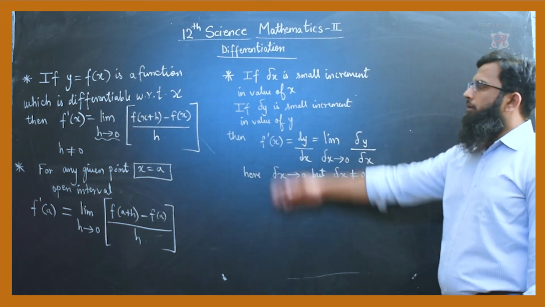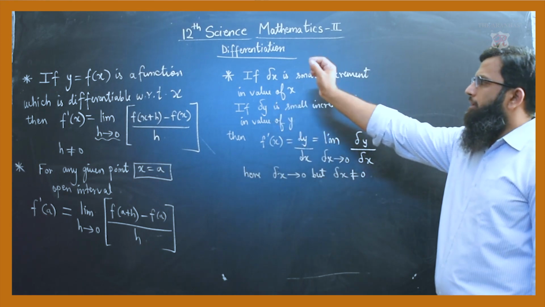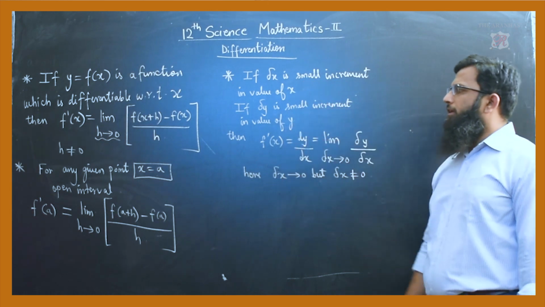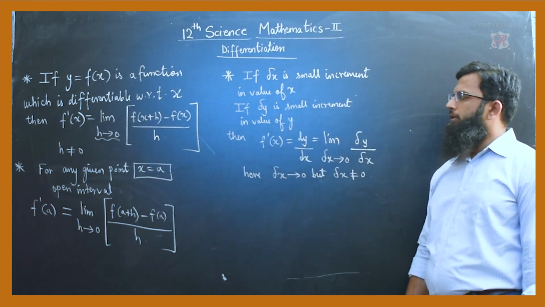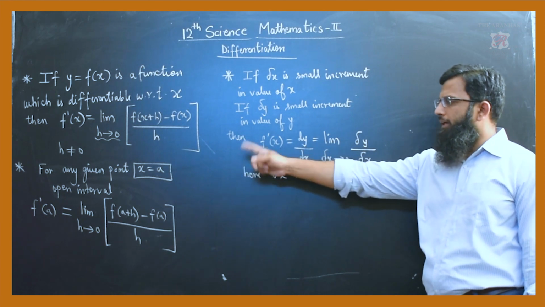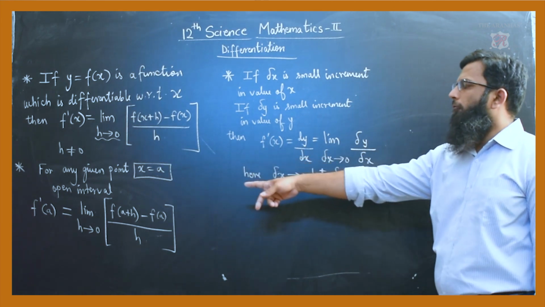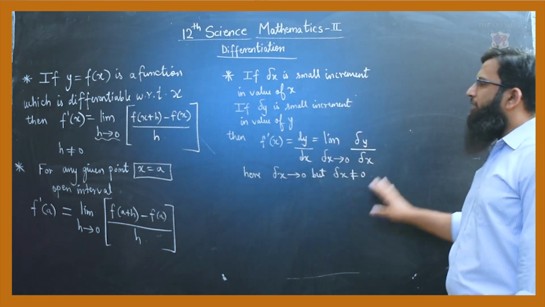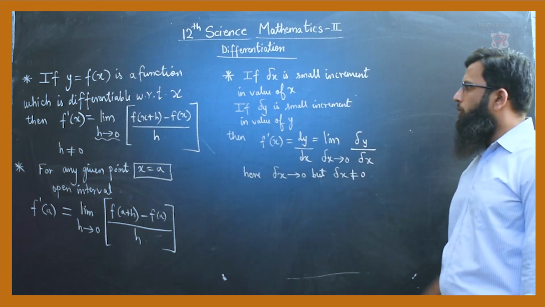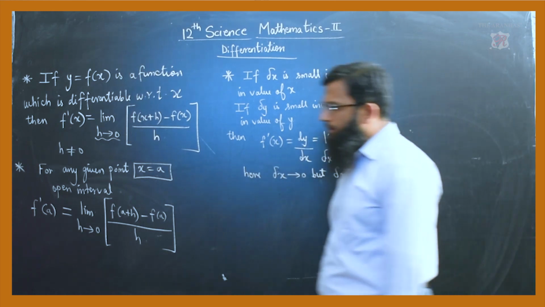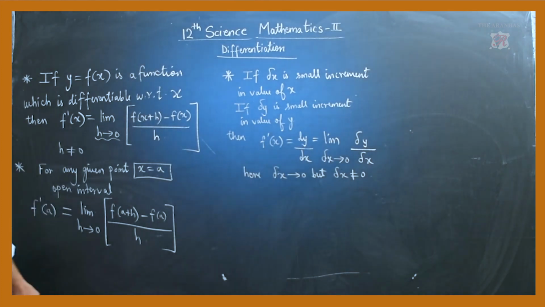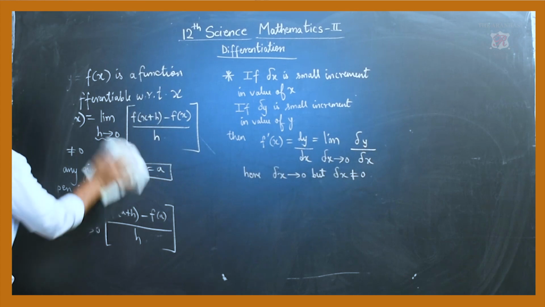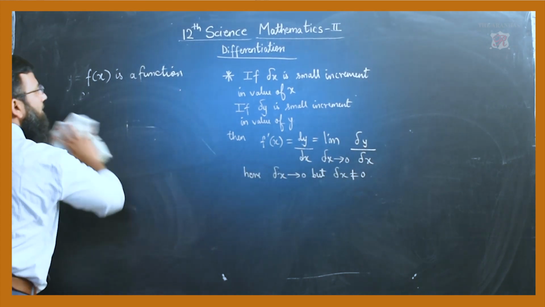The first article is for a function y equal to f of x differentiable with respect to x, and the second one was defined at any point x equal to a for an open interval. So I hope that the basic definition of differentiation is clear to all of you. Let us proceed further now to the various functions and their derivatives with respect to x.